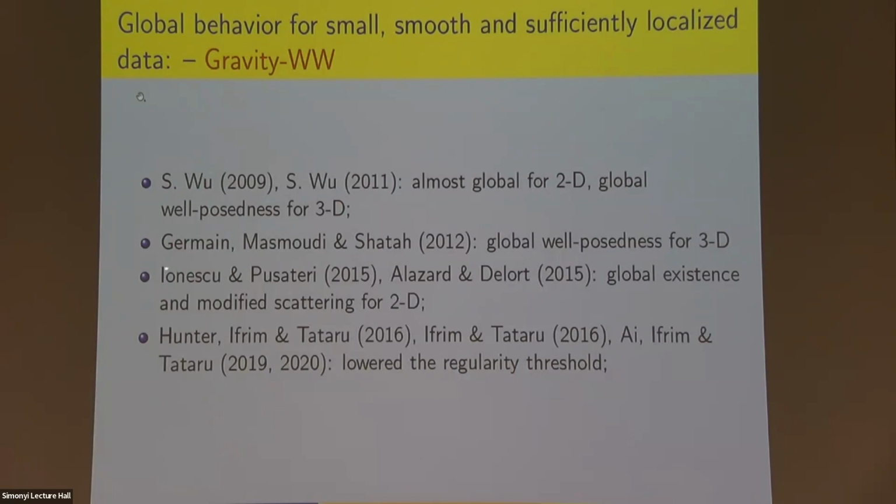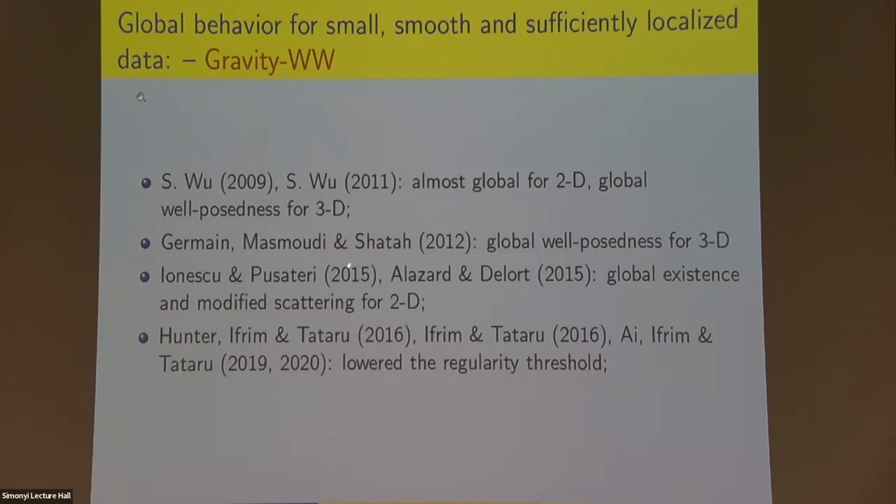Germain, Masmoudi, and Shatah gave a different proof for 3D, and the almost global existence result was improved by Ionescu and Pusateri, and Alazard and Delort, by further performing the modified scattering. And they got global existence.